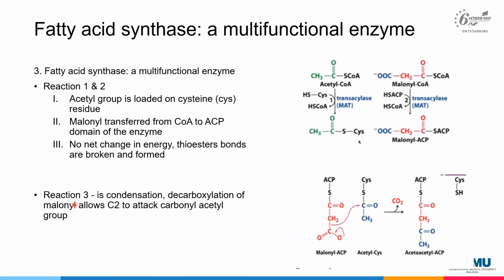So this is where you get your reaction 3, where there will be condensation of malonyl ACP with the acetyl group sitting on the cysteine. So ultimately what happens, these 2 molecules will be condensed, forming a 4-chain carbon. Alright, so now you can see how the molecules are being joined together to elongate and form a fatty acid chain.